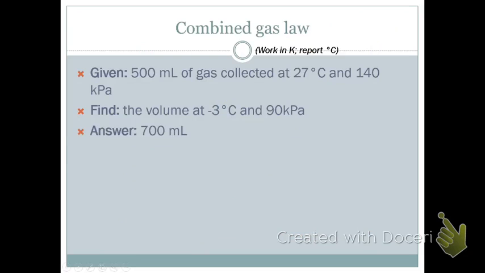And since I'm talking about my volume, I gave you milliliters, you give me milliliters back. Okay, if you need to, go back and rewind this video for this problem. If you're comfortable and you got 700 milliliters, go ahead and press play and we will continue on.